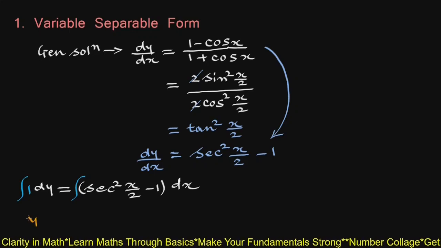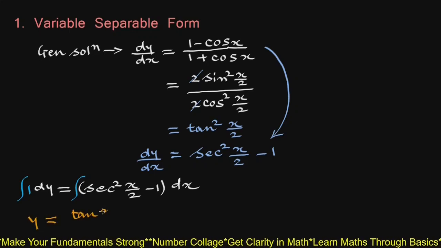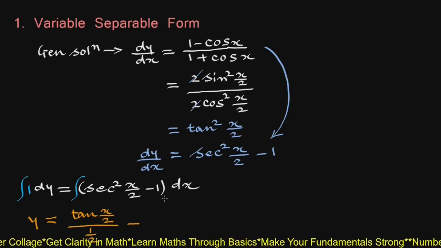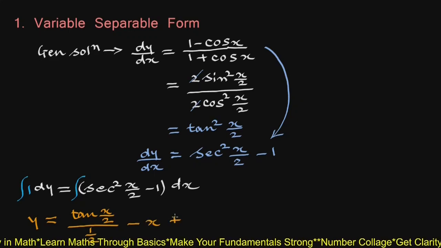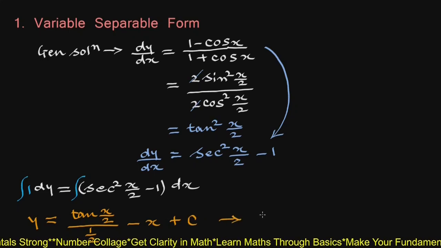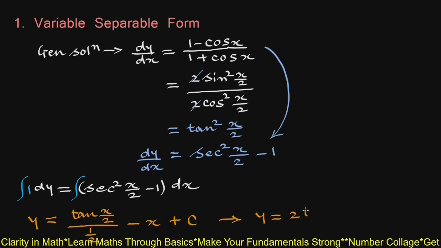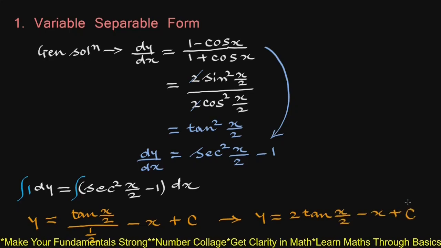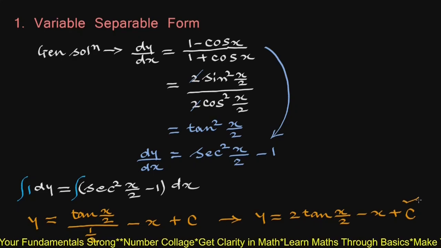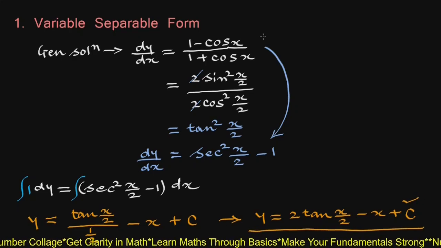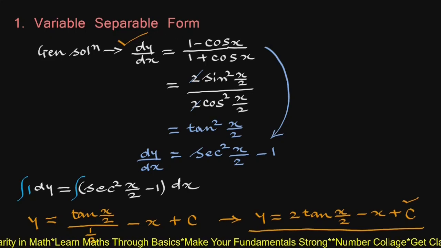This will be y equals tan x by 2 upon derivative of x by 2, which is half, minus x plus constant of integration c, which in the simplified form will be y equals 2 tan x by 2 minus x plus c, where c is parameter or arbitrary constant. So this is the general solution of this differential equation.